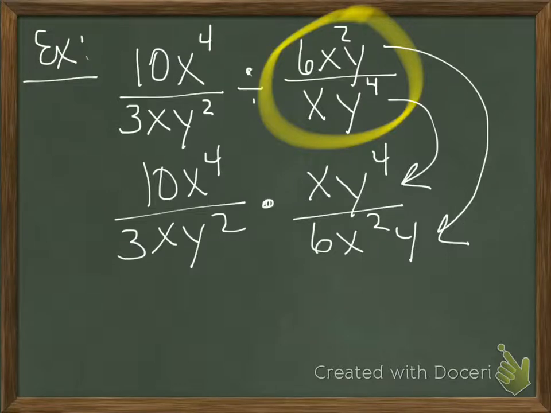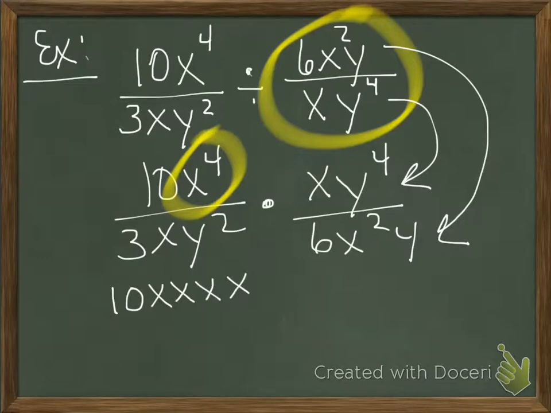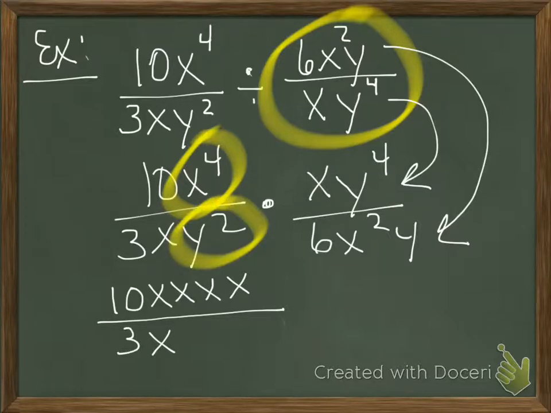Now I'm going to factor this, but factoring is going to look a little bit different. So for me, all I'm going to do is just rewrite it a little bit. I'm going to write it as 10, and I'm going to write x to the 4th as 4 x's. So 1, 2, 3, 4. In my denominator, I have a 3 and an x, and I have y squared. So y squared is going to become y y.